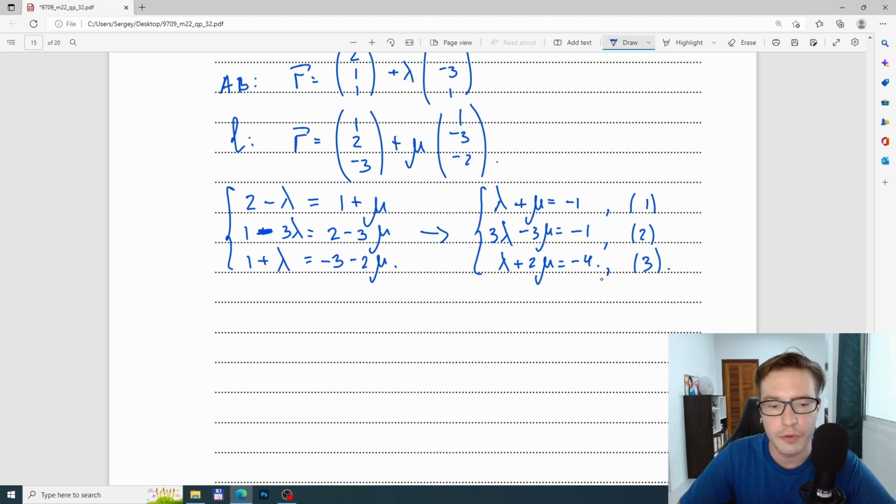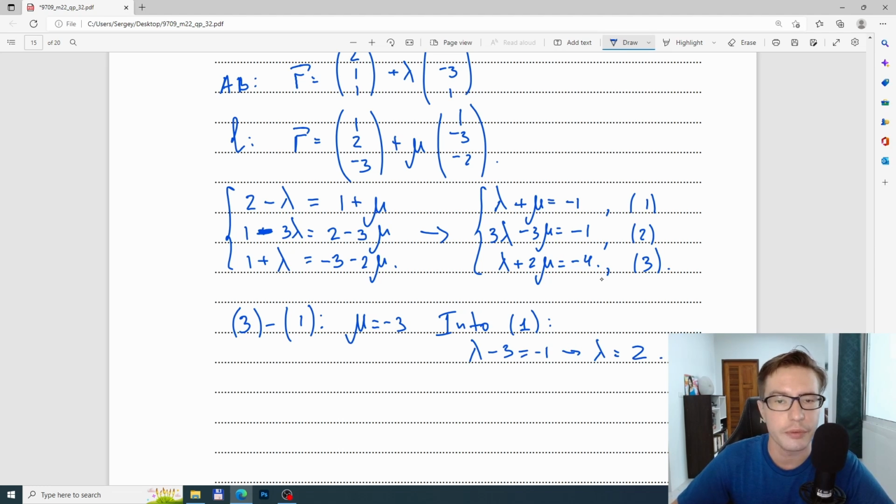Right, so my first move is going to be subtract the first equation from the third one. I will get mu equals negative 3. Okay, and then I will substitute this into the first equation. I will get lambda, take away 3 equals minus 1, so lambda equals 2.